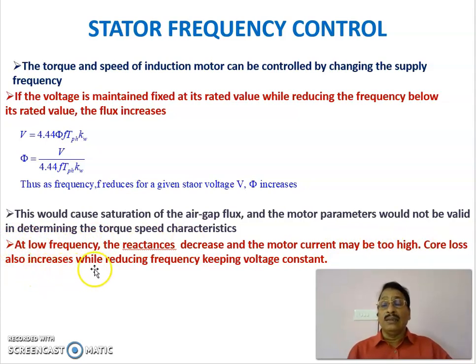Therefore, reducing the frequency while keeping the voltage constant will cause two effects. One is that it will go into saturation and the parameter values will be changing. Second is that the current will be increasing, the losses will be increasing, and the efficiency gets reduced. This is what happens when you keep the voltage constant and reduce the frequency. Even though you can control the speed, these two effects will be there.